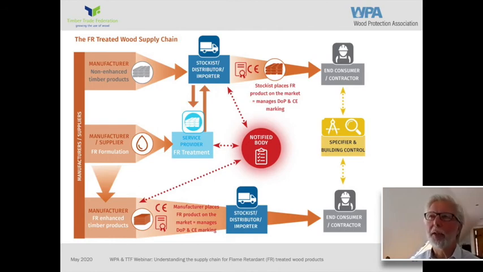And it is that stockist and distributor that is placing on the market the flame retardant treated material, and so they are responsible for doing that. That then moves on to the end consumer contractor and hopefully meets the specification of the specifier and the requirements of building control. I hope that's all clear.